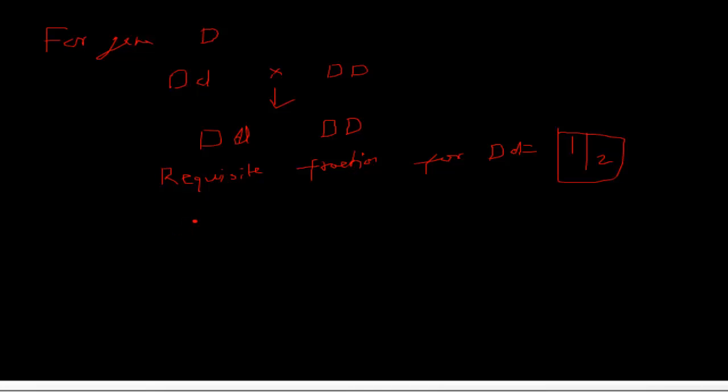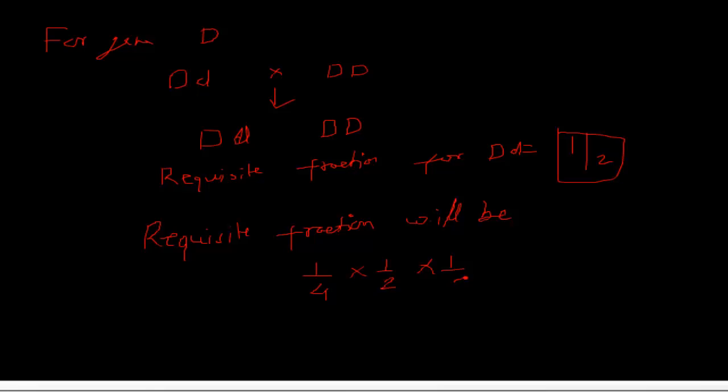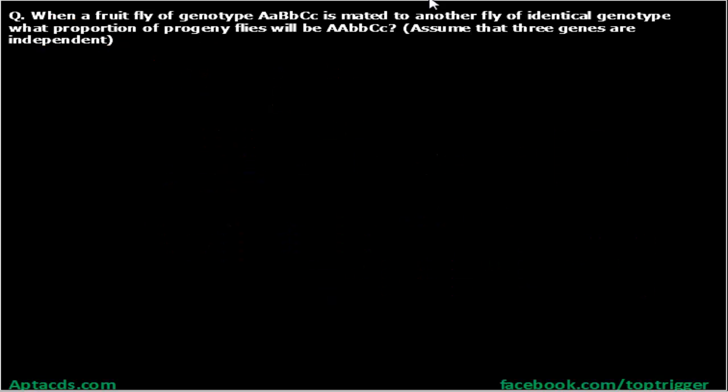So the requisite fraction will be 1 by 4, 1 by 2, 1 by 2, 1 by 2, that is equal to 1 by 32. So this fraction is our answer.